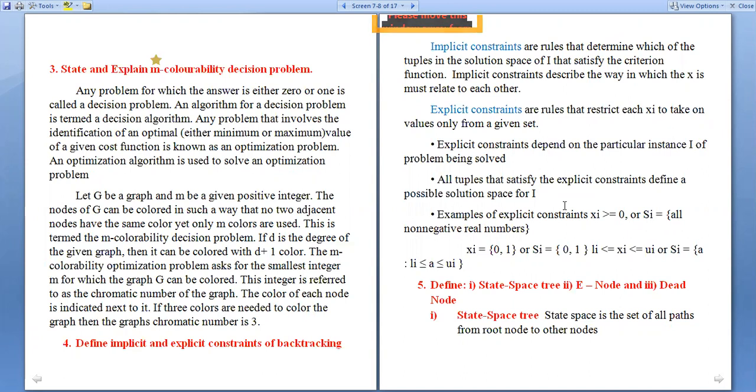So lower bound, upper bound we are taking. These are the explicit constraints, explicit conditions. Based on that, we need to consider backtracking. So we have implicit constraints and explicit constraints.